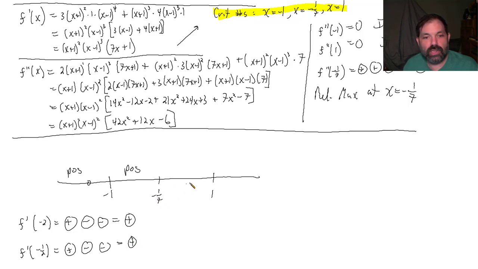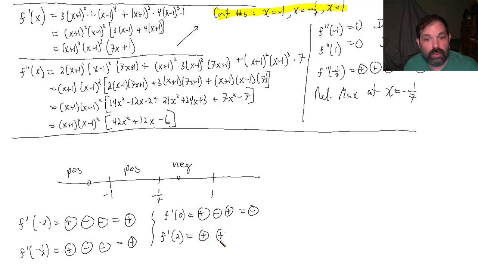A number between -1/7 and 1, how about 0? F prime at 0, that should be easy. 1 squared is positive. -1 cubed is negative. 7x plus 1 would be 1, which is positive, so that would be a negative. And then a number greater than 1, how about 2? F prime at 2 would be a positive times a positive times a positive, which is positive.